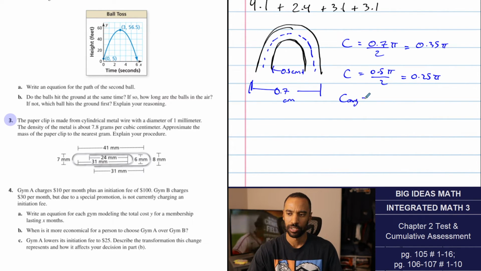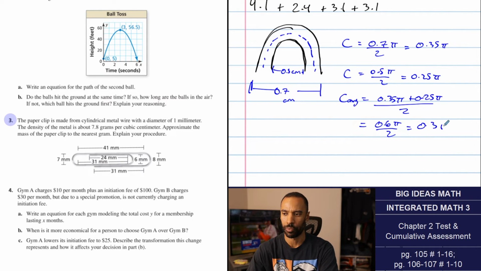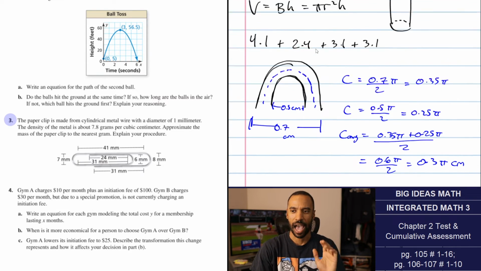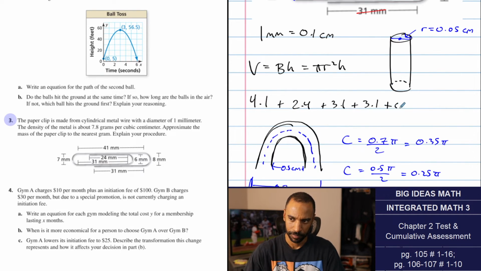Circumference average is 0.35 pi plus 0.25 pi, which is 0.6 pi, divided by 2, which is 0.3 pi. This is centimeters. So the average track around this is 0.3 pi. We're going to add that.